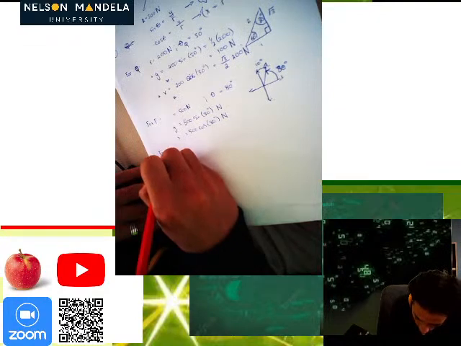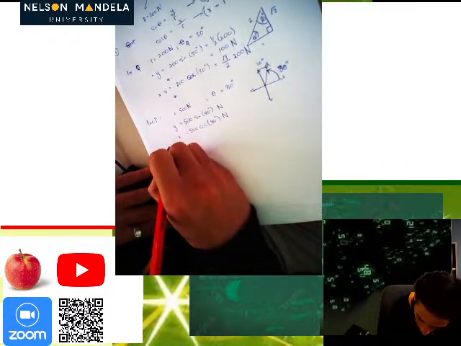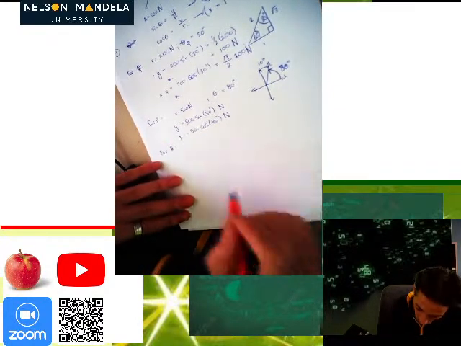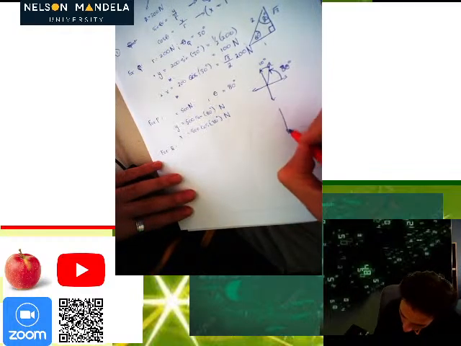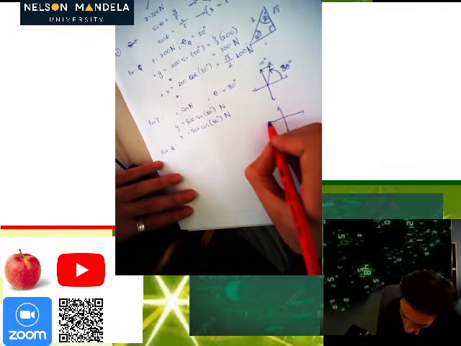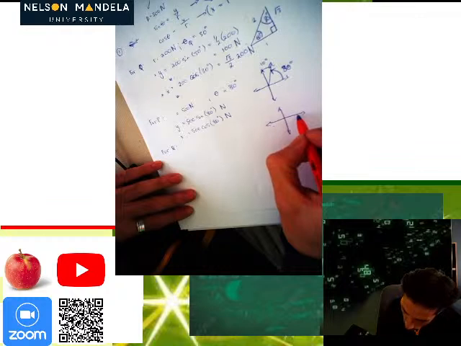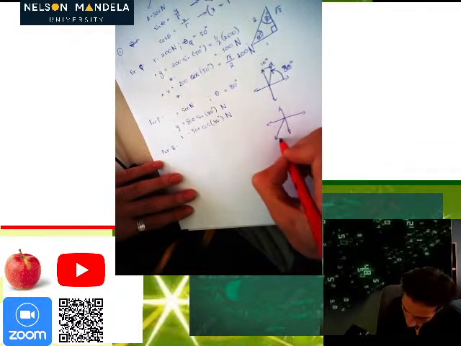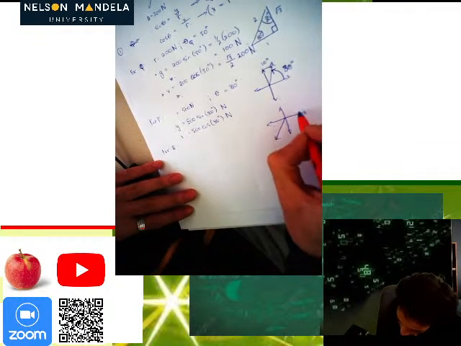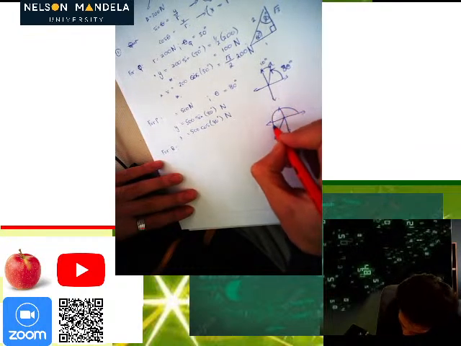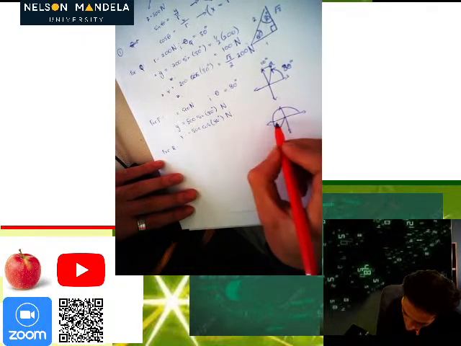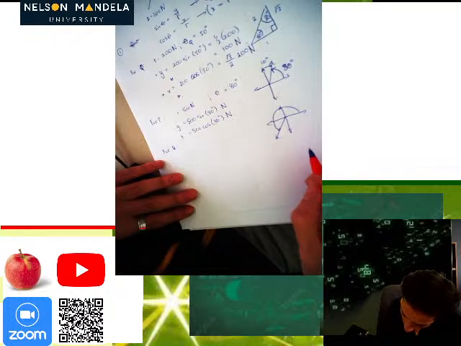And similarly for R, again we want the angle to occur from the initial arm up until the terminal arm. So it's half a revolution plus 60 degrees.